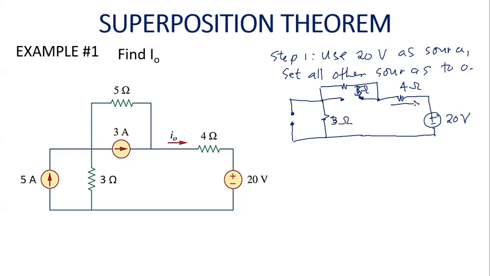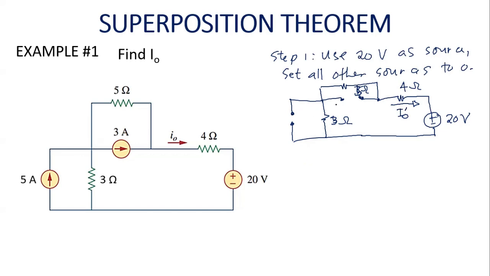This is the unknown, the I/O, and we let its direction be the same as the direction given in the problem. I/O prime is the current in the 4 ohm resistor when the 20 volt source is acting independently. As you observe in the circuit, when it's open circuited, the resistance is infinite, so we can disregard it since there's no current flowing into it.